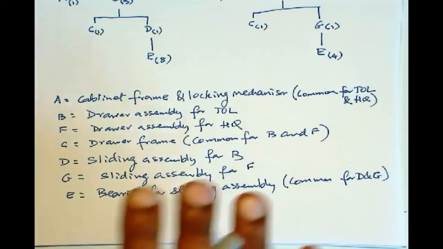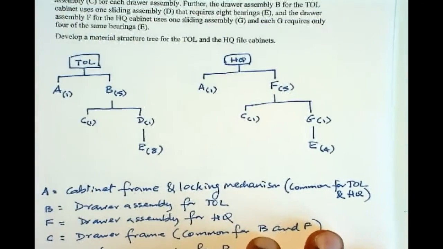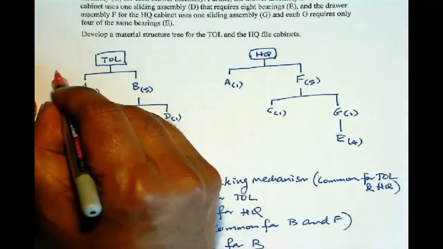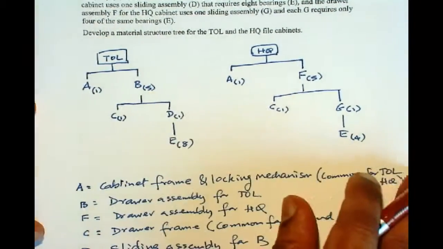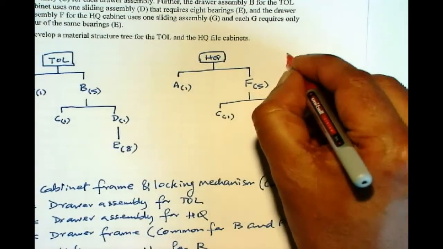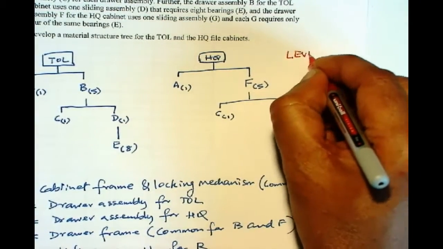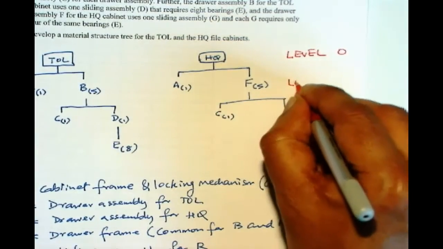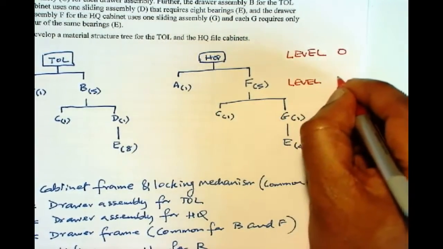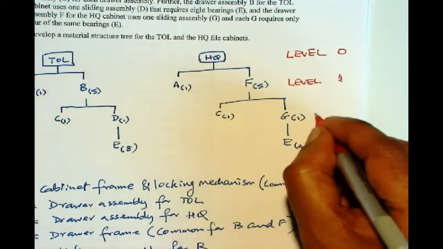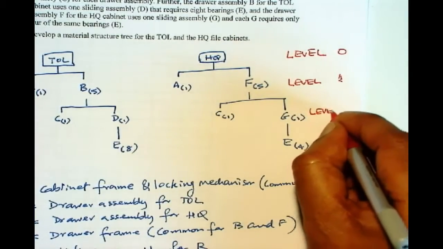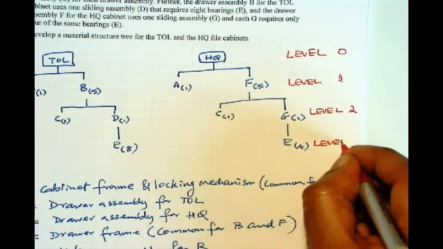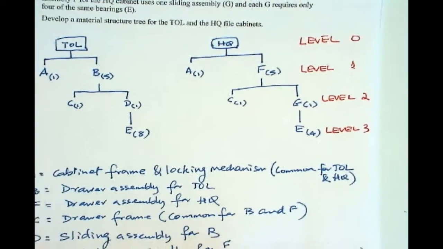Now let's look at low level code. So this top level, okay, let me write it this side. So level 0, this is level 1, and this is level 2, then we have level 3.